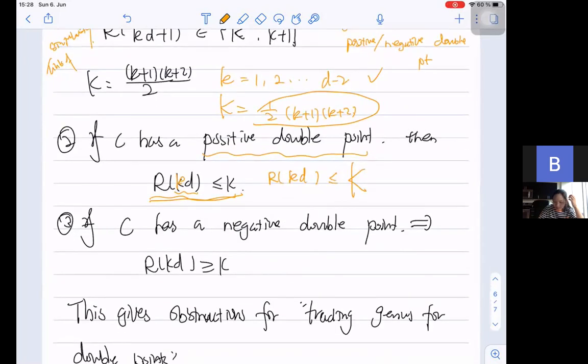Next, if our curve C has a negative double point, then you need to satisfy the inequality that R valued at kd is greater than or equal to big K, with small k and big K as before. So these two extra inequalities give a way to distinguish genus, positive double points and negative double points. And actually it gives hope to give obstructions to trading genus for double points.